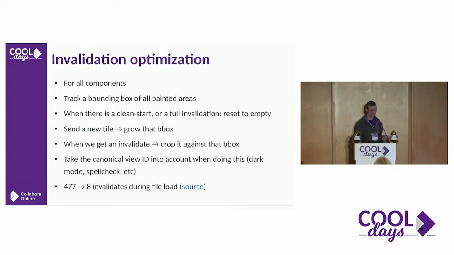Now, something that is useful for other components as well, not just Writer, it's also helpful for Calc, Draw, and Impress, is an optimization on invalidations. The LibreOffice core code base is using invalidations quite liberally. The thinking was that when this was not triggering some network traffic, but it was working offline on the desktop, then it was relatively cheap to invalidate something.